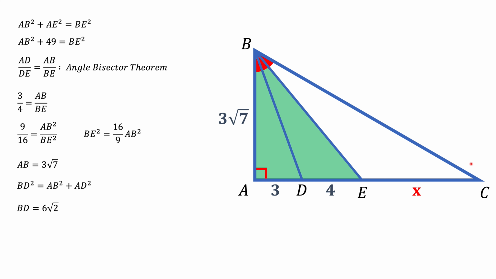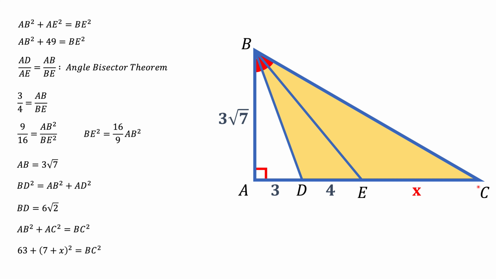To find BC, we can also apply the Pythagorean theorem. That gives us the relationship between x and BC. So one equation and two unknowns. That means that we need to find another relationship between x and BC. And we can find this relationship if we look at this yellow triangle, DBC.